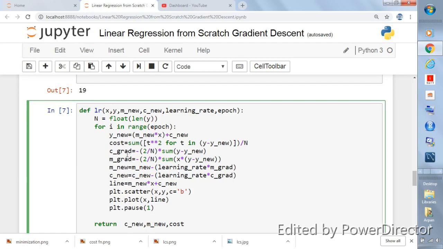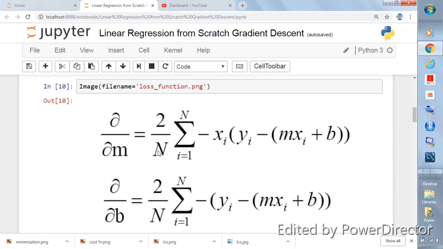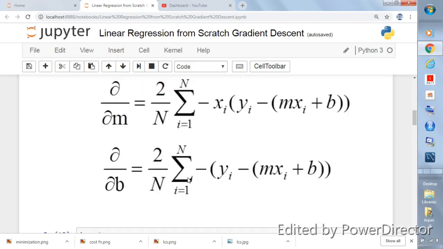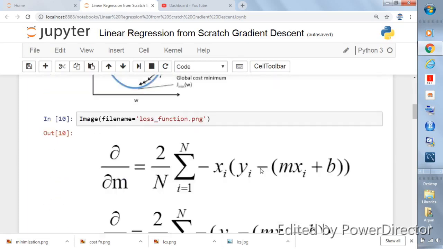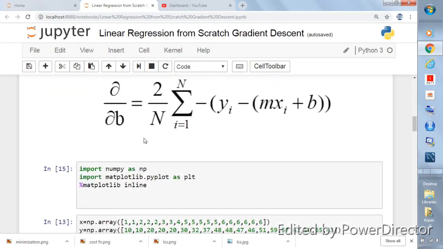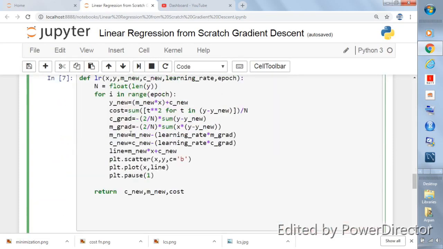Then we get the gradient for c, then we get the gradient of m. We already know the formula for the gradient of c and m here, y minus y predicted divided by n and 2. That is just the derivative of this cost function with respect to slope and intercept. This is for slope and this is for intercept. You get the grad for m and c.